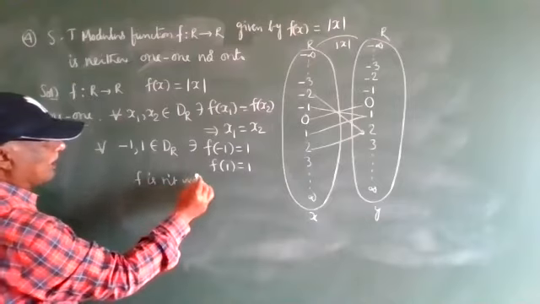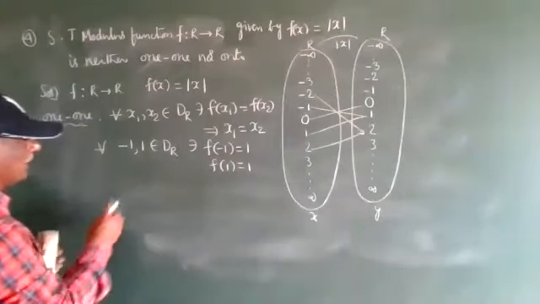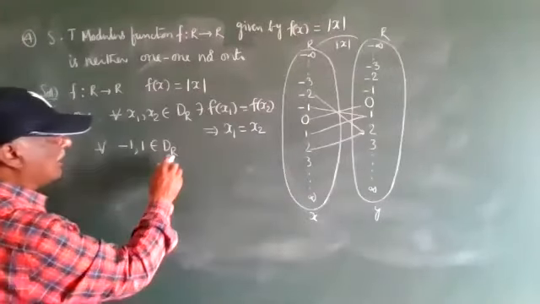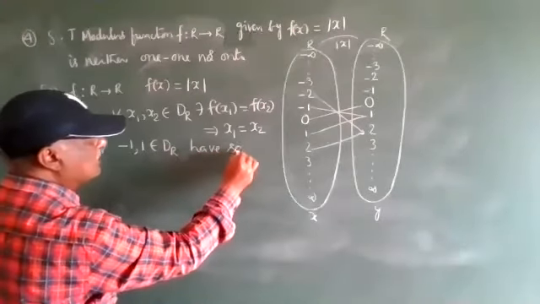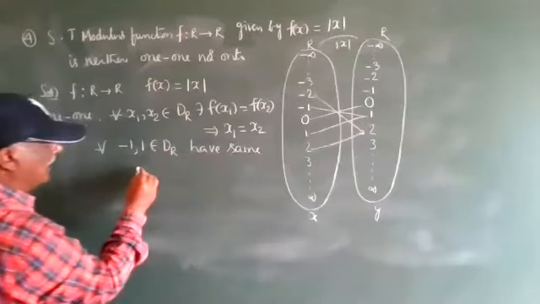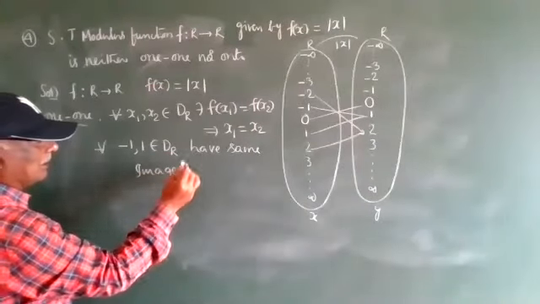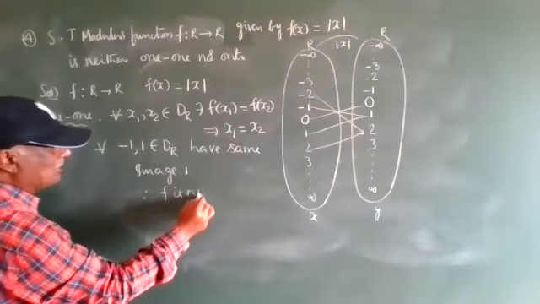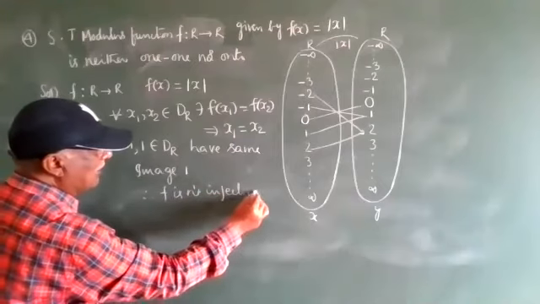Minus 1 and 1 belong to domain R and have the same image 1. Therefore, f is not injective. Finish, part one is completed.